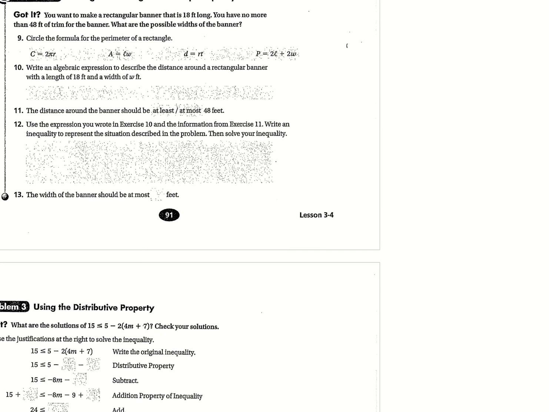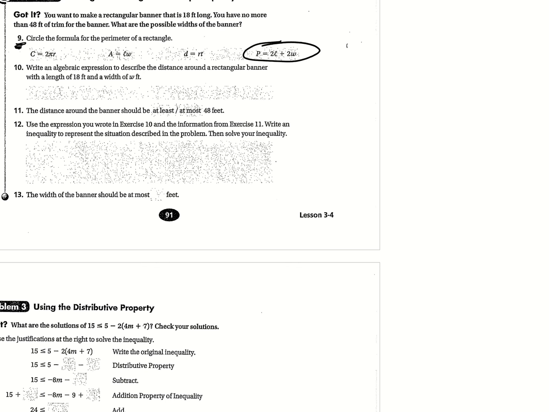The first thing that we need to look at is we need to make sure we've got the proper formula. They've got that right here for question 9. You want the banner to be 18 feet long, and you have no more than 48 feet of trim for the banner. We are talking about the outside of the banner, the lengths, which means we're going to be looking for the perimeter here.